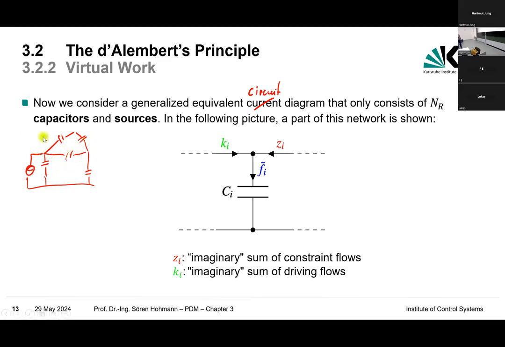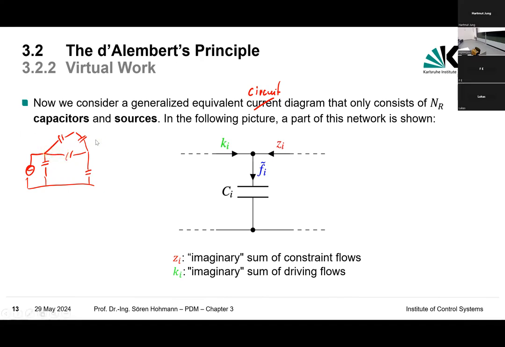And what I depict here in the middle is just one capacitor, perhaps this one here. I want to describe the entire relations of how it behaves by virtual displacement, and we need some definitions like that. But what is important and what you should learn here is that we can say there's a flow which goes into the capacitor driven by other force flows here.